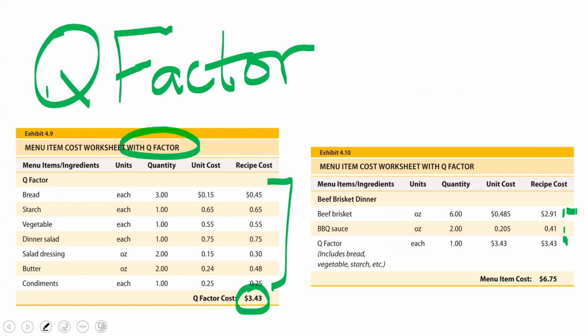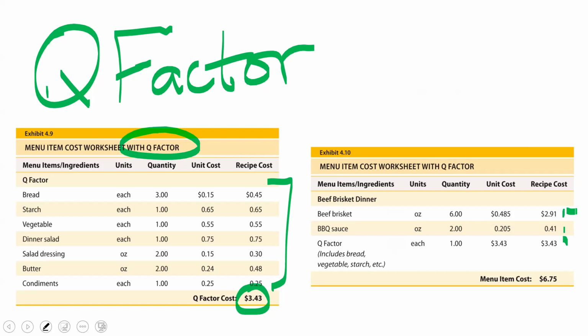Now, if you're going to do this Q factor method, do you think you're going to put your cheapest side in there or your most expensive side? I'd put your most expensive side, right? That way, okay, let me rephrase that. If the menu says it comes with French fries, then put the cost of the French fries on there, right?